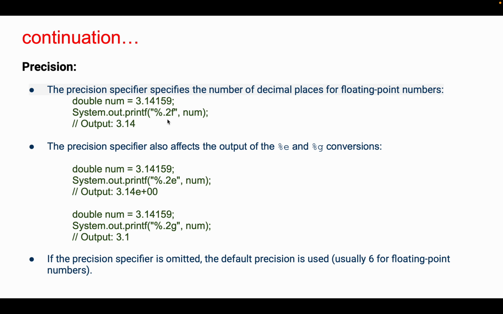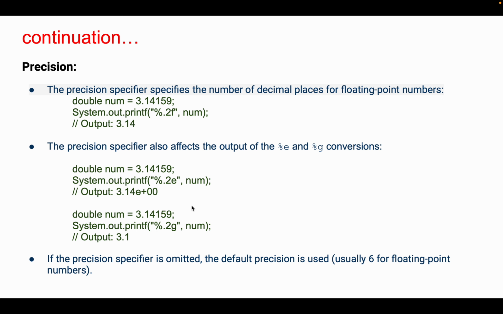The precision specifier also affects the output of the %e and %g conversions. Here is another example with double num 3.14159. When we print using System.out.printf with %.2e, it gives the exponential value in that format.